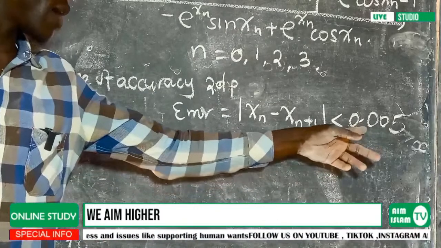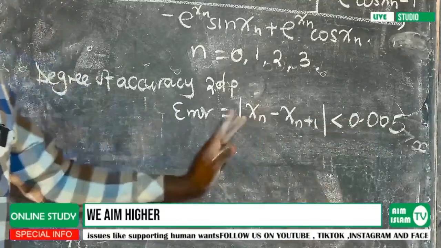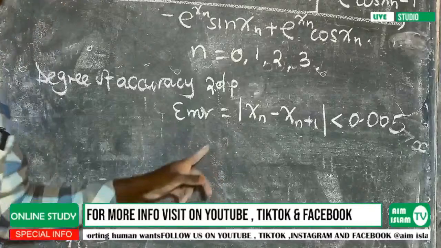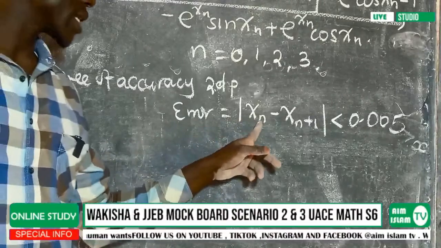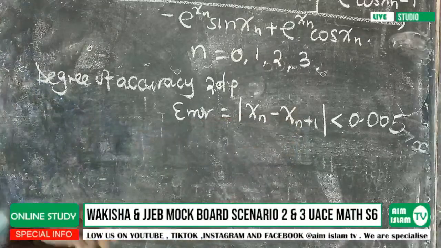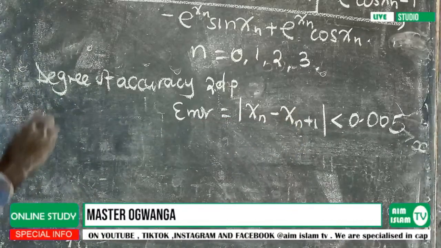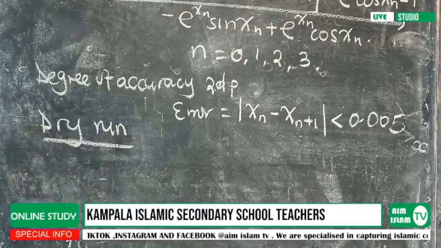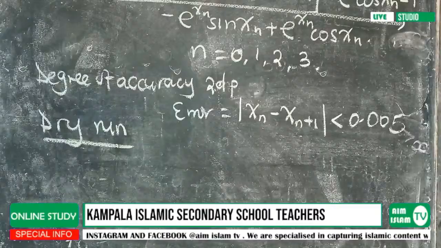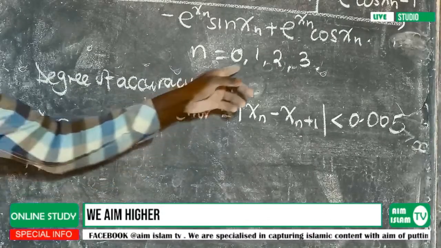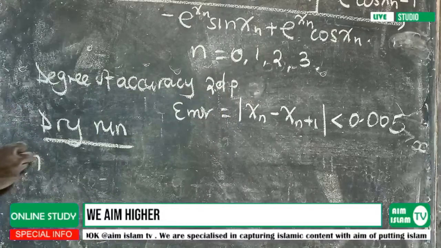Whenever we find our error, which is less than that, it means that value will be given as our approximated root. This one will act as the x naught, and this one here will keep on increasing other values. So I am going to get a dry run using the NRM formula. Our dry run should have the values of n where we are located here before.